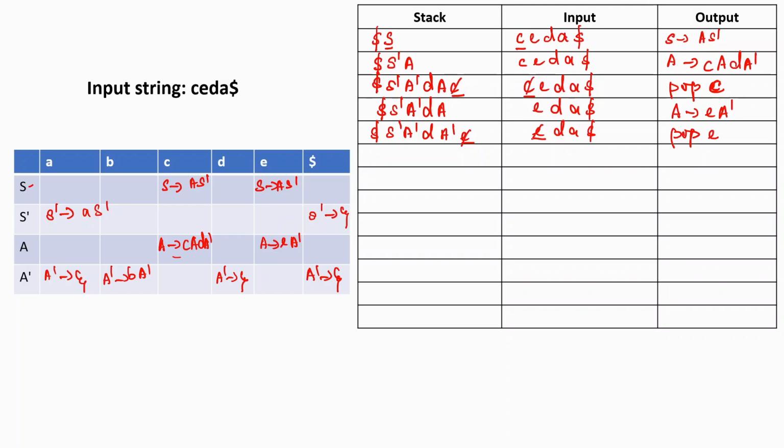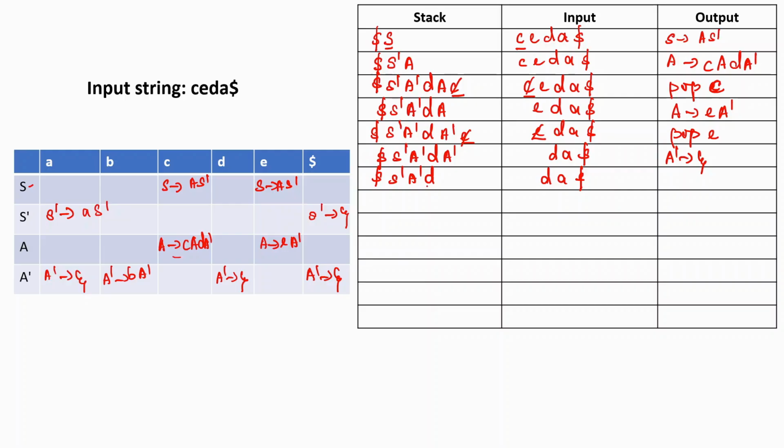Now we have S dash A dash D A dash D A and the dollar symbol. Now I have a match in the parse table for A dash with D, and the corresponding production is empty, so we just make this empty.